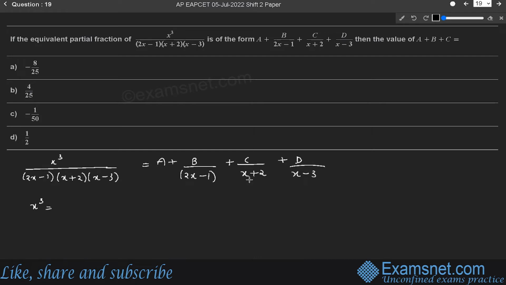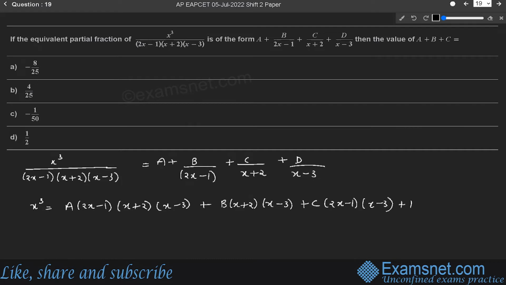x cube is equal to a into (2x minus 1) into (x plus 2) into (x minus 3) plus b into (x plus 2) into (x minus 3) plus c into (2x minus 1) into (x minus 3) plus d into (x plus 2) and (2x minus 1).